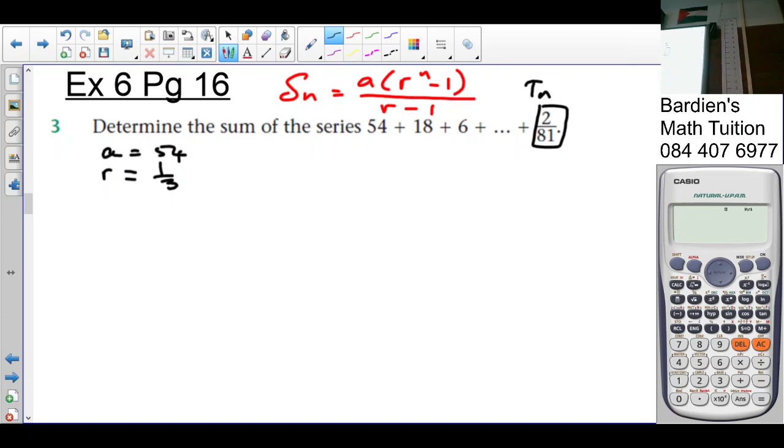To use the sum formula, I still need to know what n is. So to calculate n, I work out Tn, which is Arn minus 1, and set Tn equal to 2 over 81. My A value is 54 into R, which is a third, n minus 1.